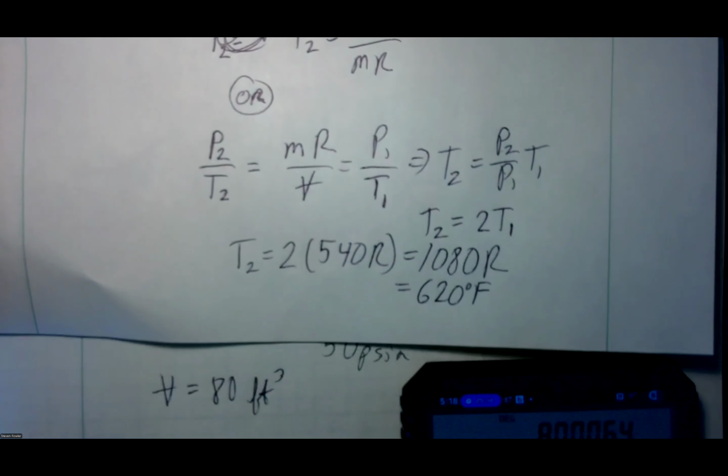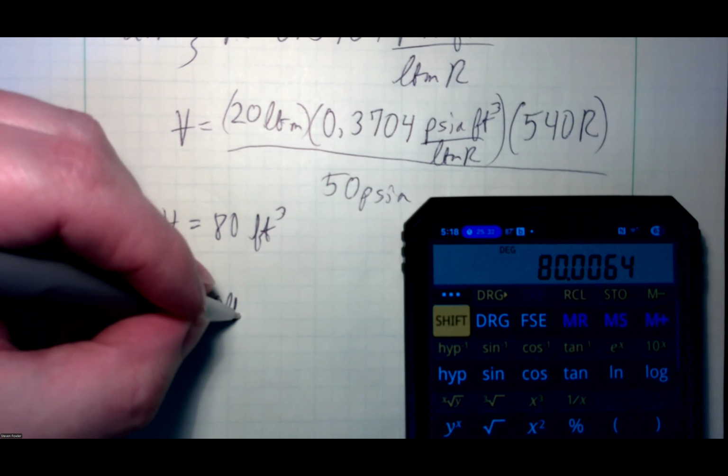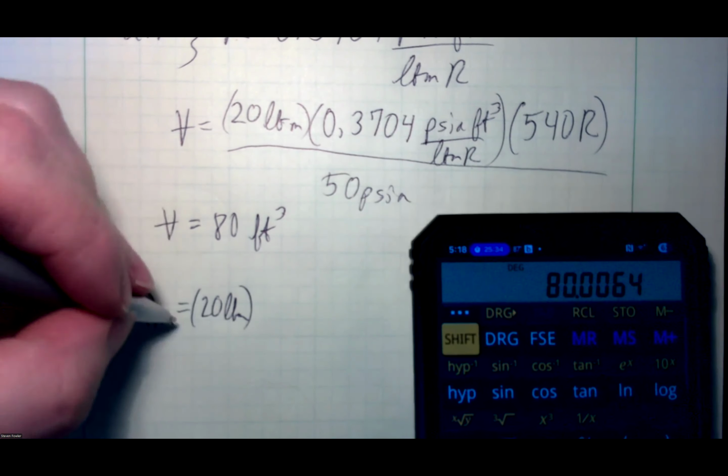So now my heat in is going to equal my mass of 20 pound mass, and this is an approximation, by the way, times my specific heat of 0.175 BTU per pound mass Rankine. I'm going to multiply that.